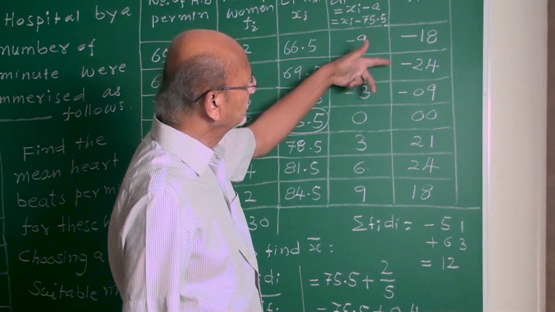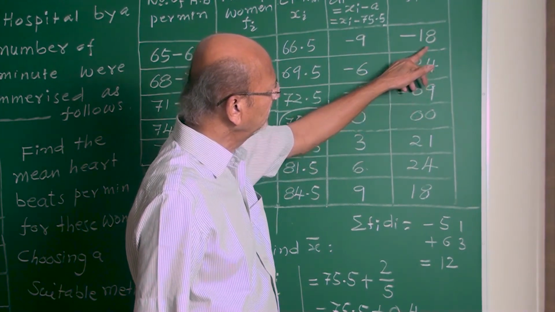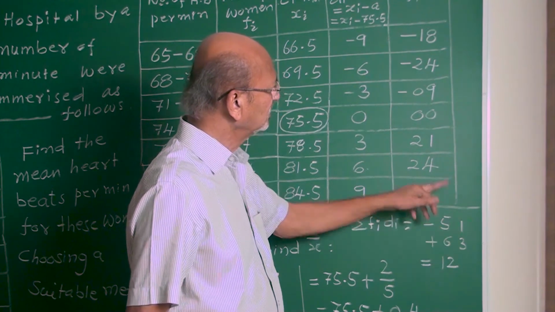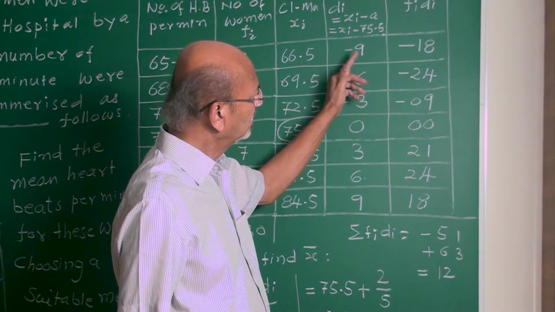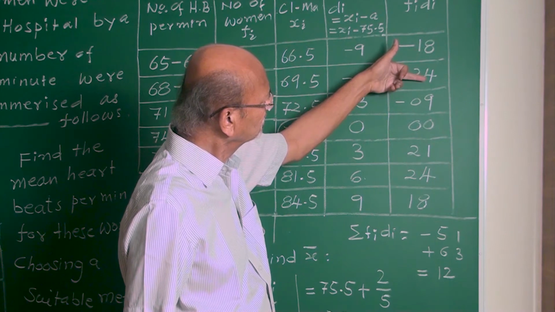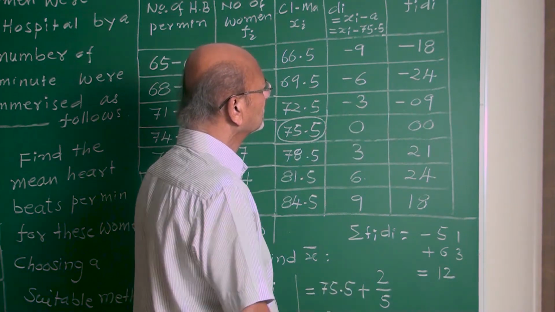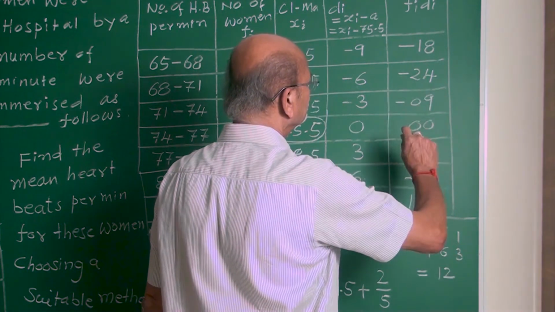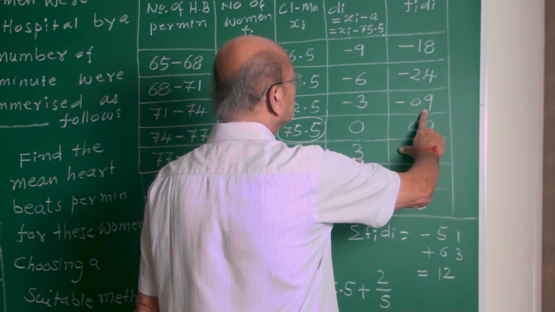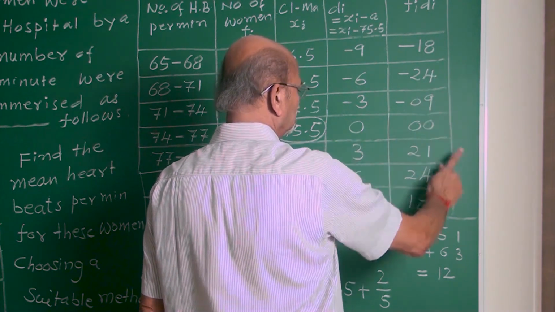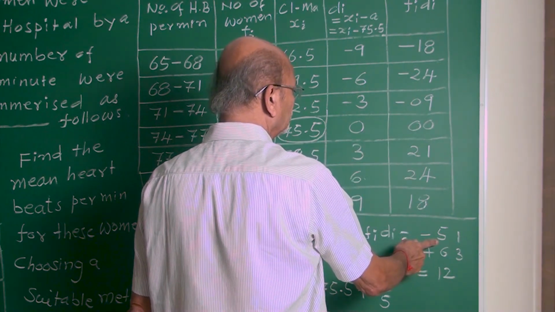Now the addition of these three negatives: minus 18, minus 24, minus 9 gives minus 51.